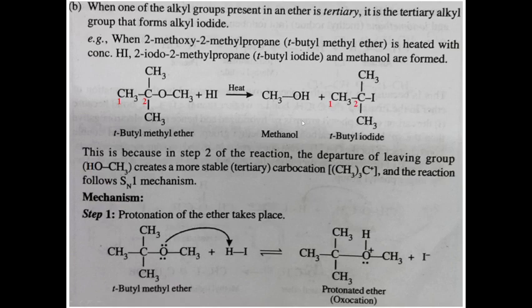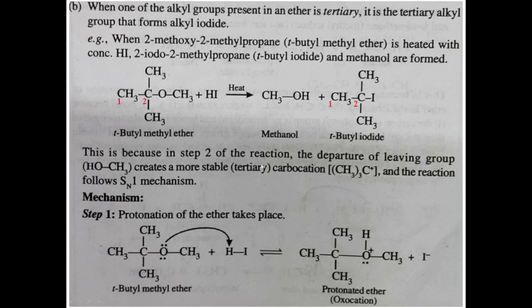So when we use only primary alkyl groups, the least substituted alkyl group of an unsymmetrical ether forms the alkyl iodide. But if we take a tertiary alkyl group, then the tertiary alkyl group forms the tertiary alkyl iodide. This is because the mechanism in step 2 is different. In the previous reaction, step 2 was the attack of the nucleophile.